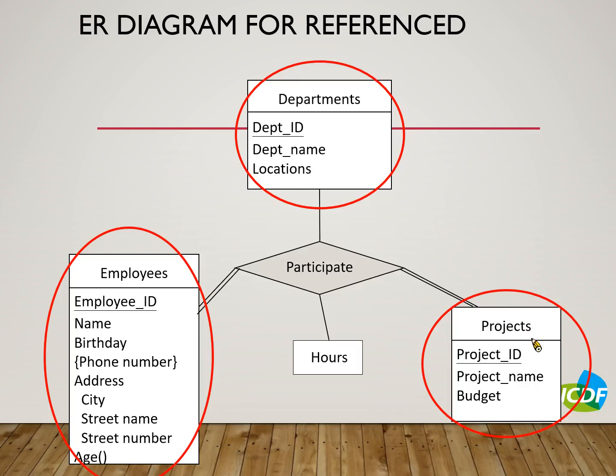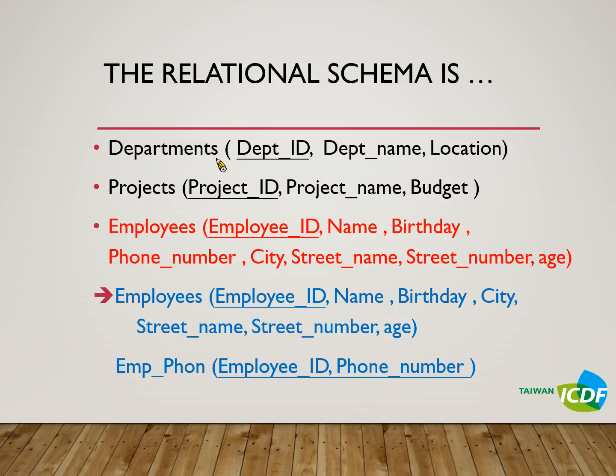And we have to transform them into individual tables respectively. And in each table, we have to indicate primary keys with a key attribute. So after converting these entity sets, we can obtain three different tables: departments, projects, and employees.